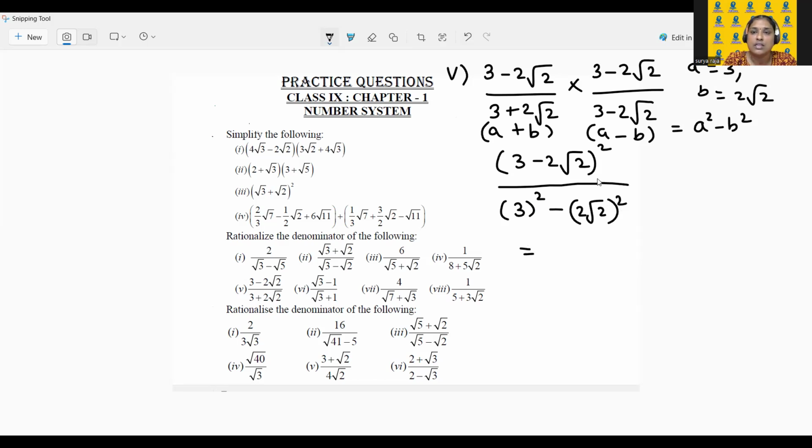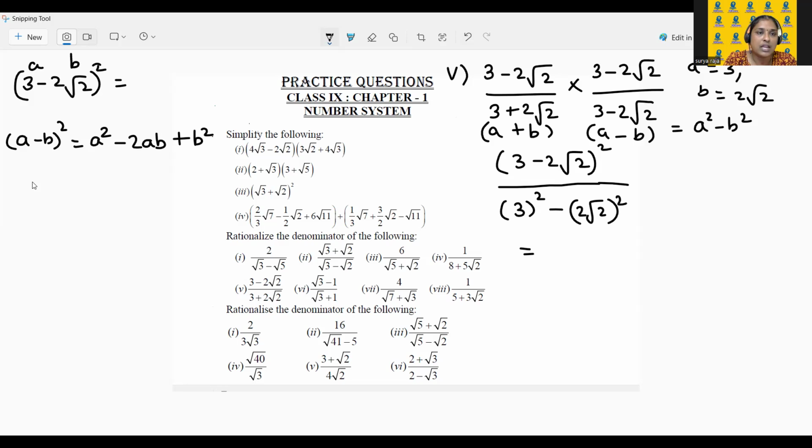Now, this is in the format 3 minus 2 root 2 the whole square, which is (a minus b) the whole square. Let me show you the formula. A square minus 2ab plus b square, right? A is 3, b is 2 root 2. Now 3 square minus 2 times 3 times 2 root 2 plus b square, which is 2 root 2 the whole square.